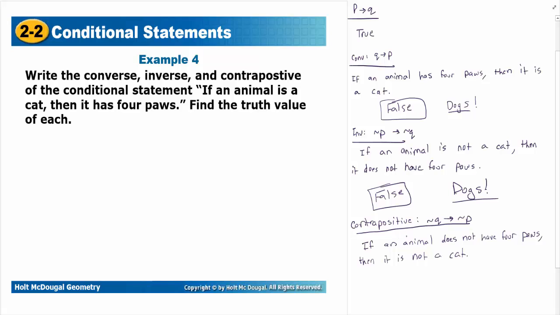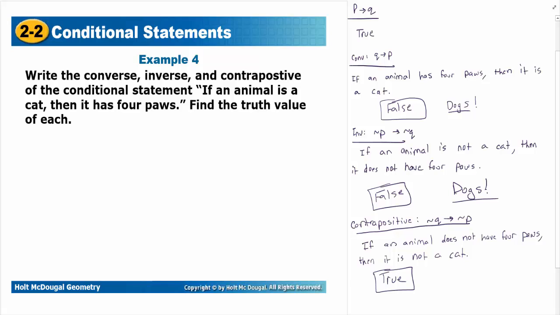So in this case, again, read it and see if it's true or not. If an animal does not have 4 paws, like it has 2, or less or more, but then it is not a cat. So if you don't have 4 paws, then you can't be a cat. So this one would actually be true. And if you don't have 4 paws, cats have 4 paws, so you're not a cat.